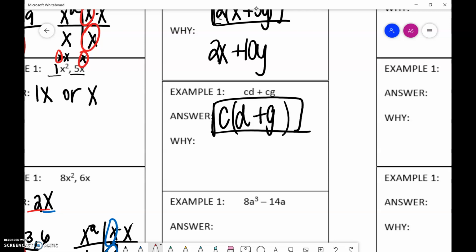When you think about it, whatever your greatest common factor is, you're really just dividing. It may be confusing to think that in your head, so you may want to write that you're dividing it. So I see CD divided by C, my C's cancel out, and I'm left with D. My C's will cancel out here as well, so that's what I'm left with on the inside.